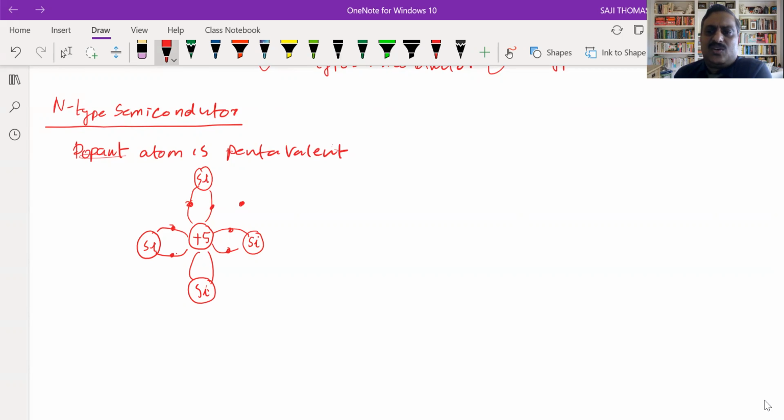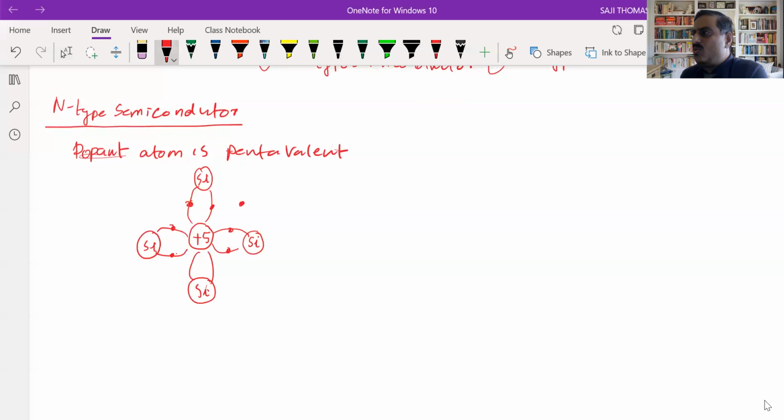The 4 valence electrons of the pentavalent impurity form covalent bonds with the 4 valence electrons of 4 neighboring silicon atoms. The 5th electron becomes free. In addition to these electrons, electrons and holes are generated thermally.